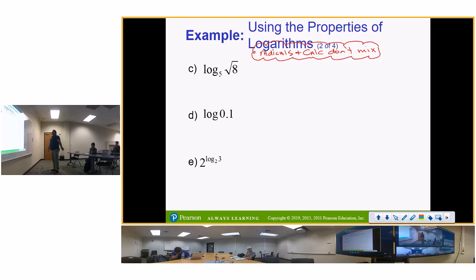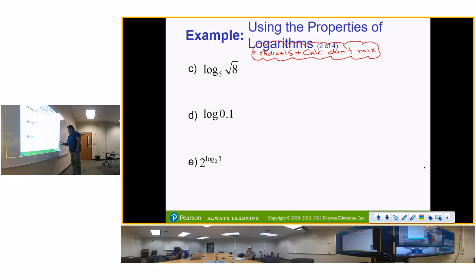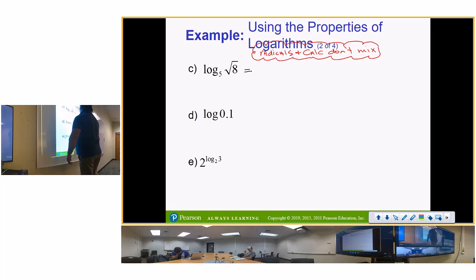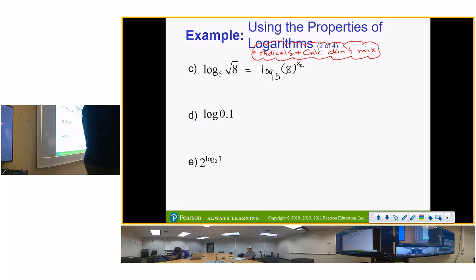But anyway, radicals and calculus don't mix. So what do? Not do the problem, skip it, or change the radical into something else? Change the radical into something else. So the first thing you do is you change that radical into a rational exponent. Log base 5 of 8 to the what power? 1/2 power. And now we can use the power rule.